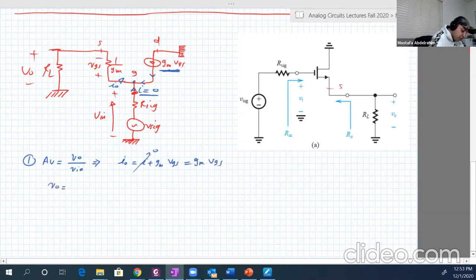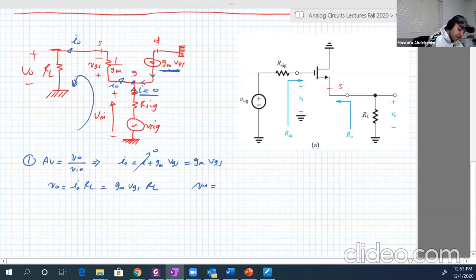So VO is equal to IO RL. IO is GM VGS, and here is RL. How about V input? V input is the voltage across from the gate to ground.